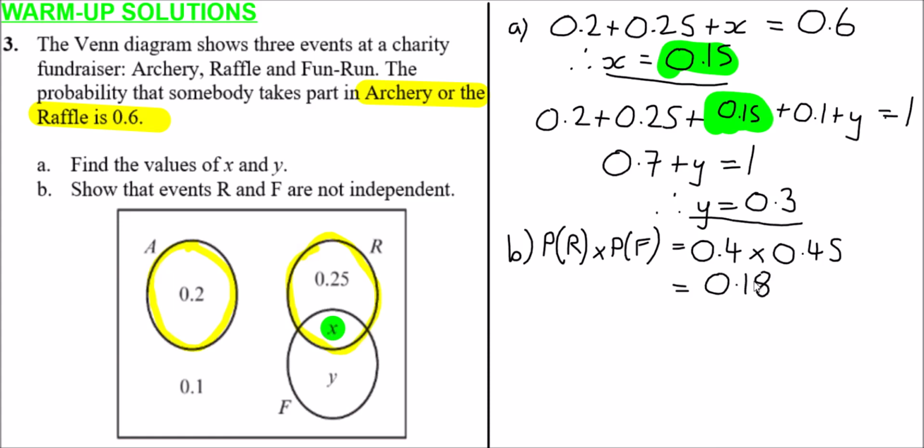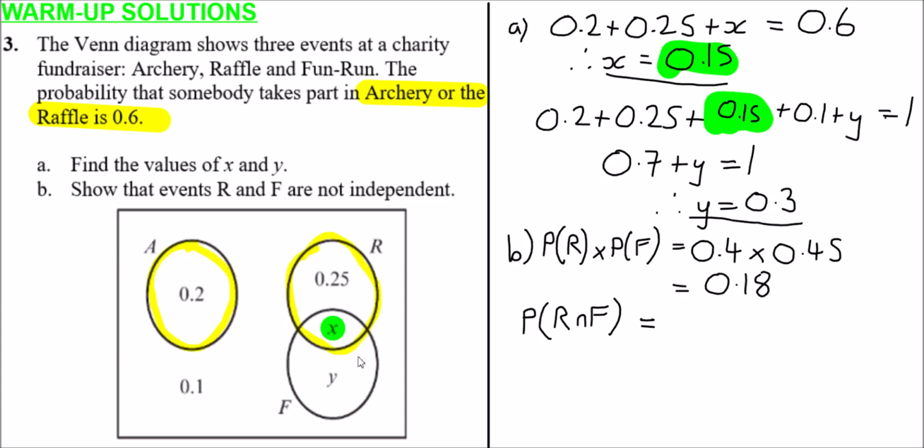Now, if two events are independent, the probability of one multiplied by the probability of the other will always be the same as the probability of the intersection. So it should be the same as the probability of R and F combined. If it is the same, then the events are independent. If they're not the same, they're not independent. So the probability of R and F together, that just is the intersection, which is where R and F intersect.